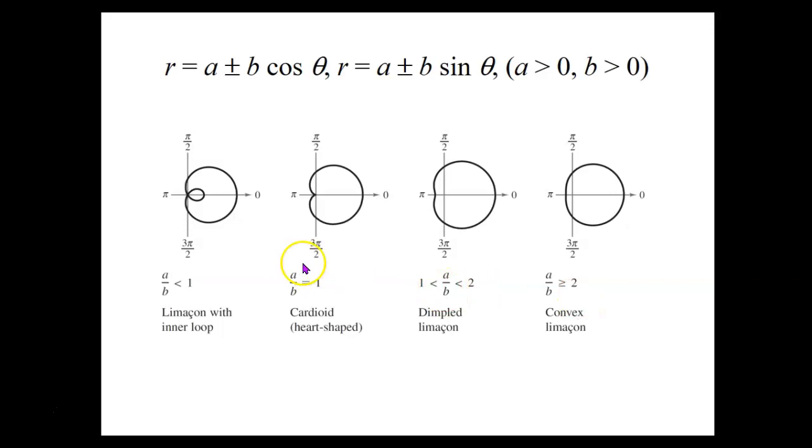So if you look in your book, they have a little chart showing you some of the basic kinds of polar coordinate graphs. You can have a limacon with an inner loop, or a dimpled limacon that doesn't go all the way to the pole, but kind of goes in a little bit and gets a little dimple. You can have a convex limacon, and that depends on the relative sizes of the numbers a and b, when you have a plus or minus b times either the sine or the cosine of theta.